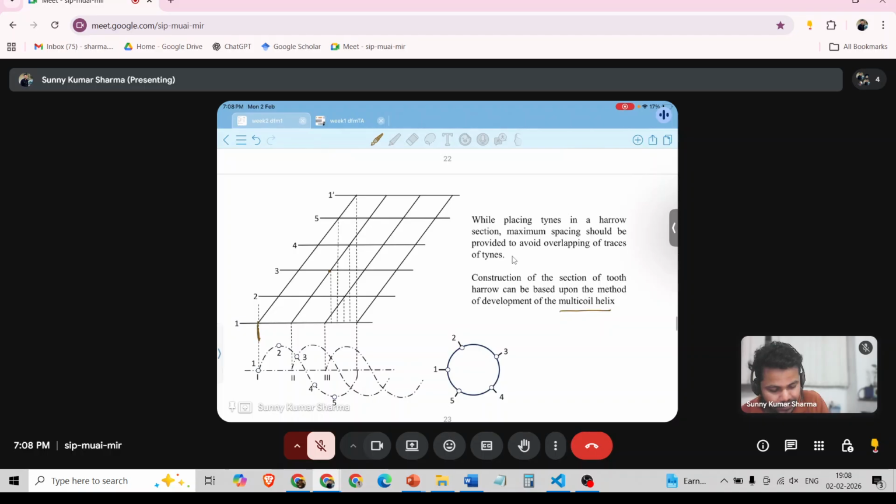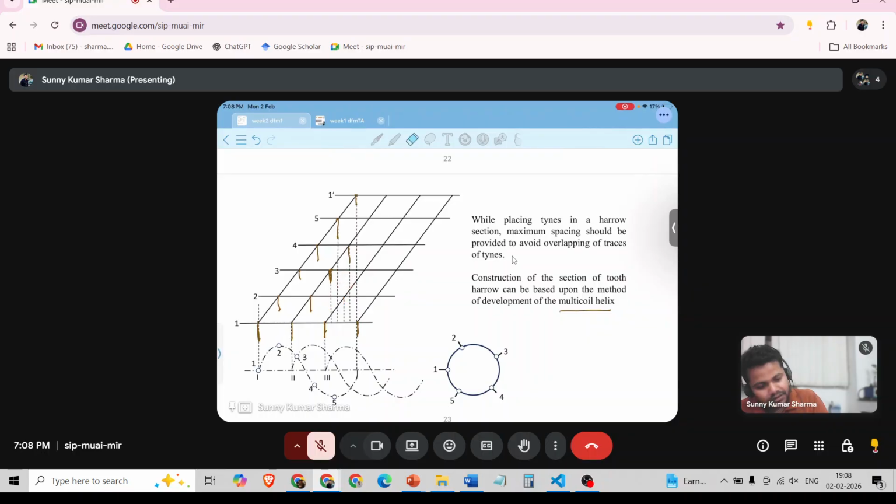Suppose one tine is here, one tine is here, one tine is here. Between these two there should be maximum spacing, else this tine and this tine will overlap and it will become meaningless, with one tine coming on another's track.